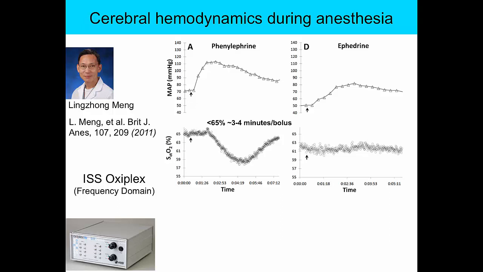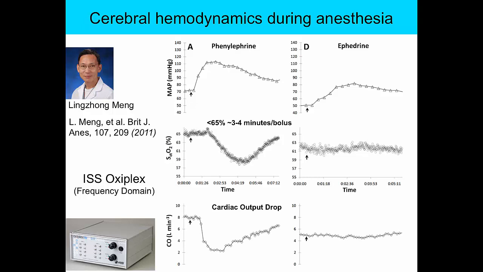So as soon as you go under anesthesia, your blood pressure drops, and the anesthesiologist gives you a vasopressor in order to increase your peripheral vascular resistance and increase your central pressure, your mean arterial pressure. And if you look at phenylephrine, which is one type of pressor agent, versus ephedrine, you see in both cases, after the bolus, you get an increase in mean arterial pressure.